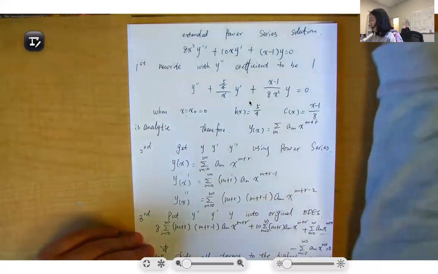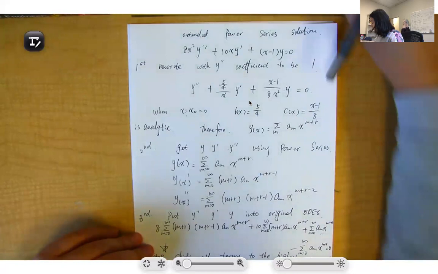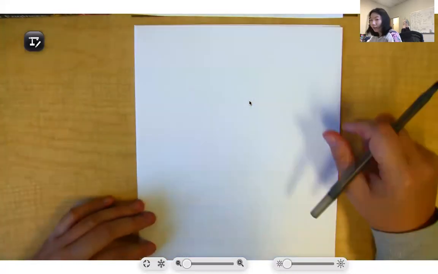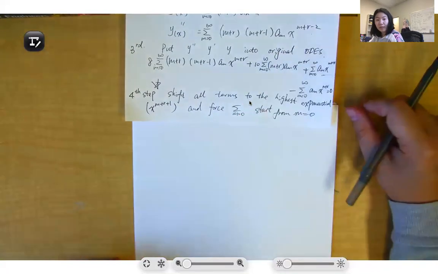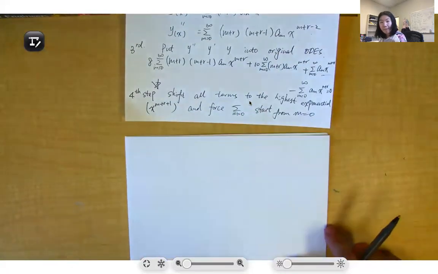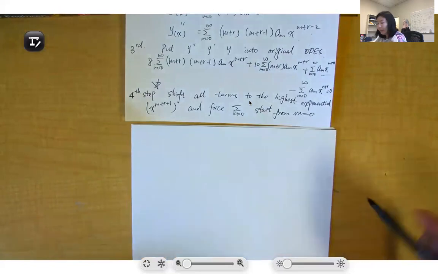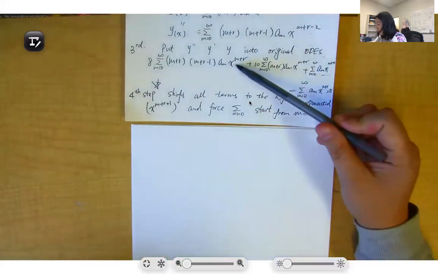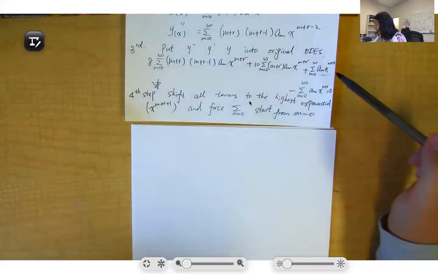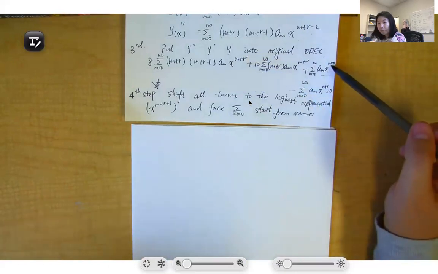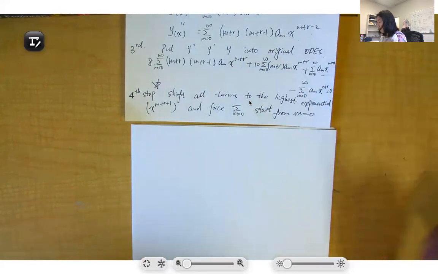Okay, so we just make all the coefficients together and then try to see how we can shift. If you can see here, let's make all the terms' coefficients for x to the m plus r together, and all the coefficients for x to the m plus r plus 1 together.